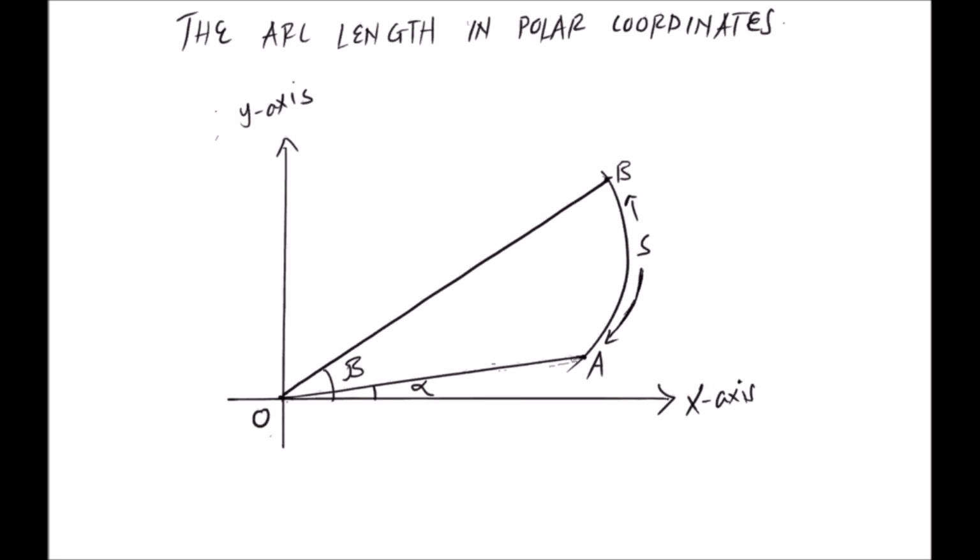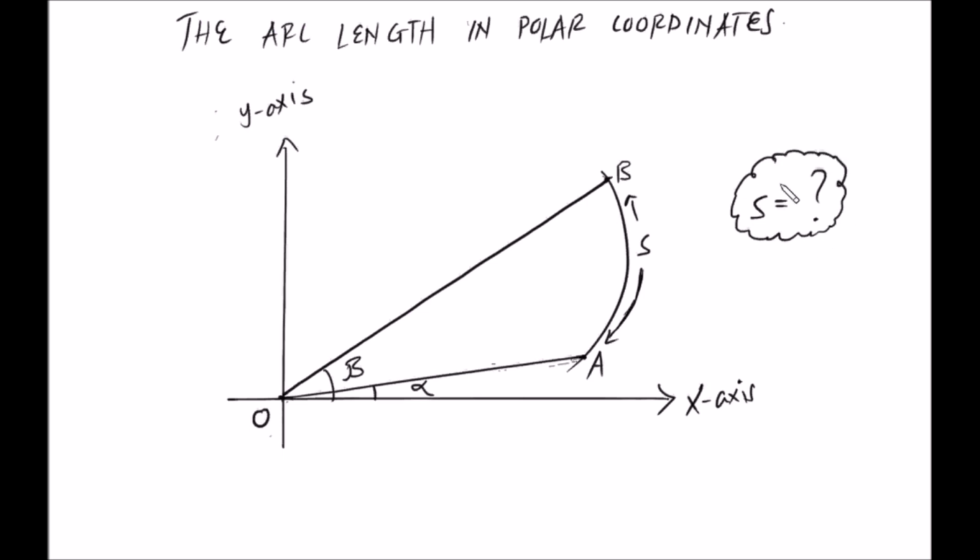So in this tutorial, we are going to see the arc length in polar coordinates. So mnaona hii arc AB, urefu wake ni S. So tunataka tutafute arc length AB ni nini?